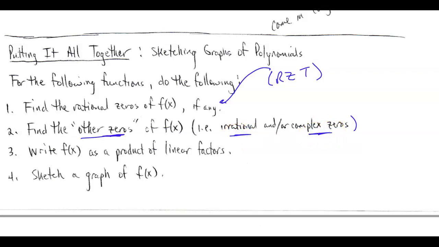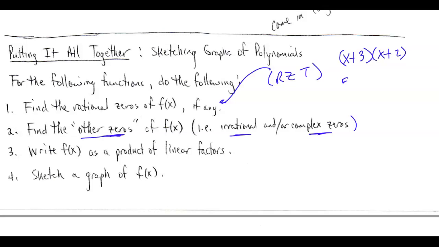Then we're going to write our polynomial as a product of linear factors. For instance, if I had x plus 3 times x plus 2, I know that function-wise, that would multiply out to be x squared plus 5x plus 6.